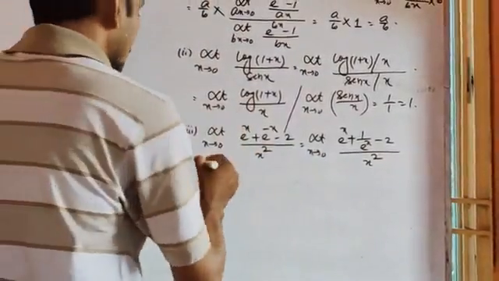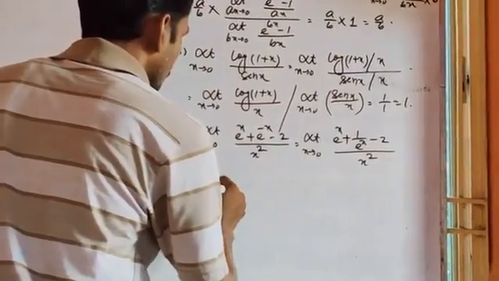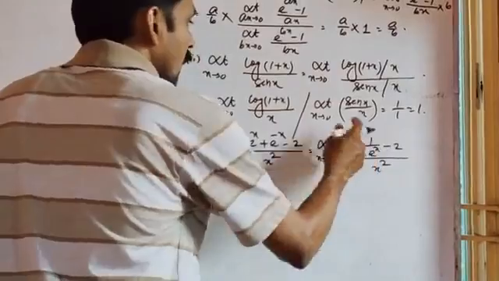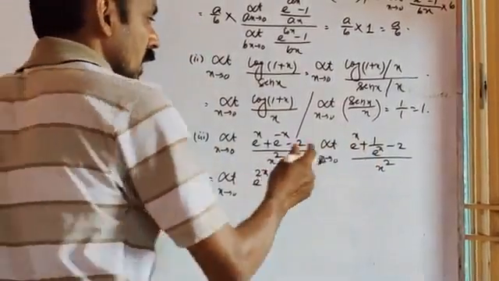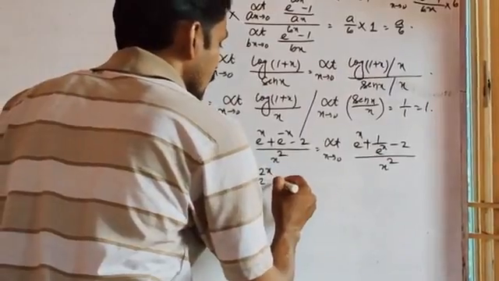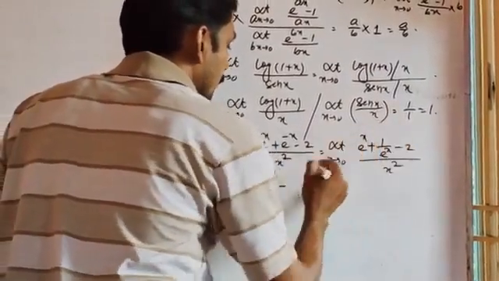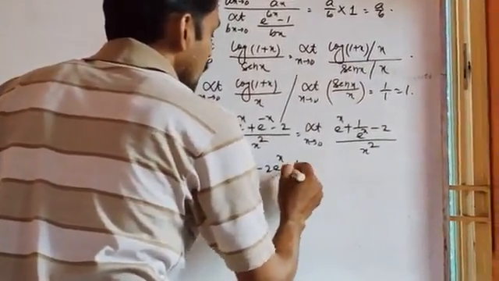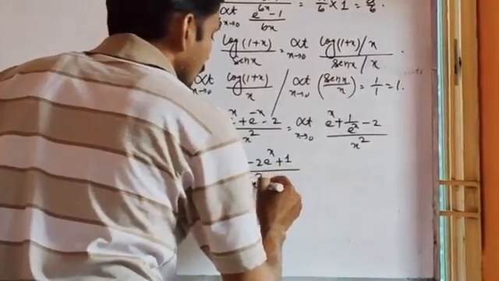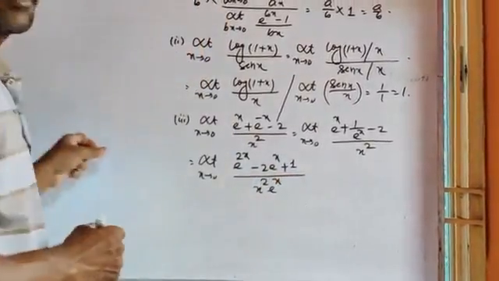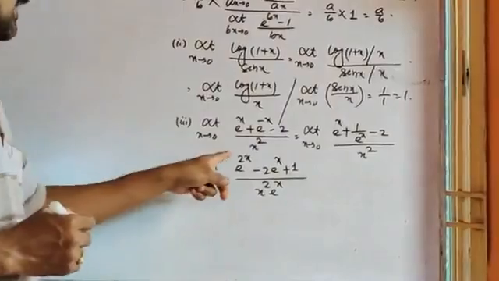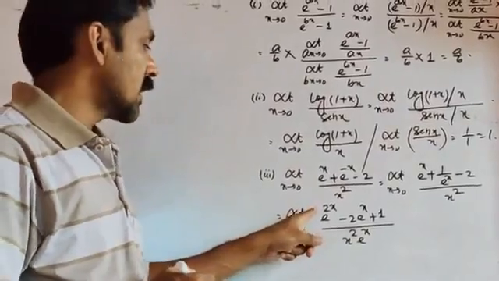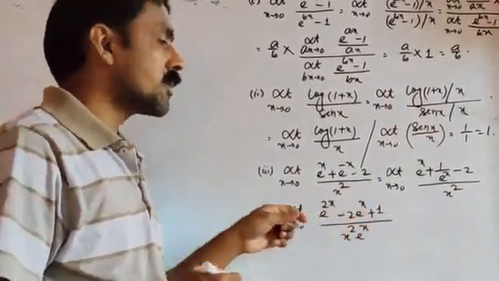Now I will take LCM in the numerator. It is e to the power x into e to the power x, e to the power 2x, minus 2 e to the power x, plus 1, by x square into e to the power x. Now, if we take e to the power x equal to a, then it is a square minus 2ab plus b square.